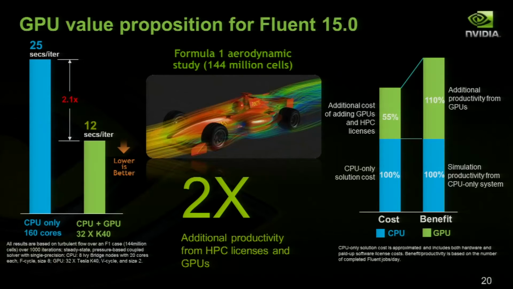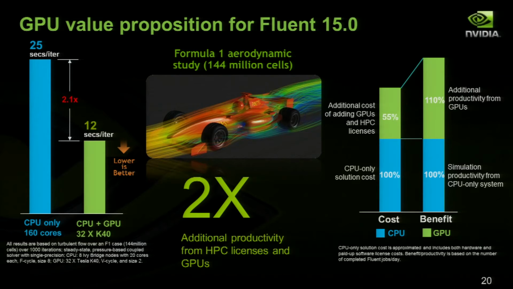But look at the benefit. This 100% is delivering 100% productivity, equivalent to the 25 seconds per iteration. However, the incremental benefit coming from GPUs is almost 110%, because if you take the speedup of 2.1x, 1x is coming from CPU, and 1.1x is coming from GPU.